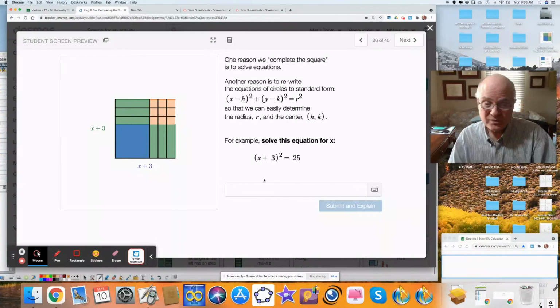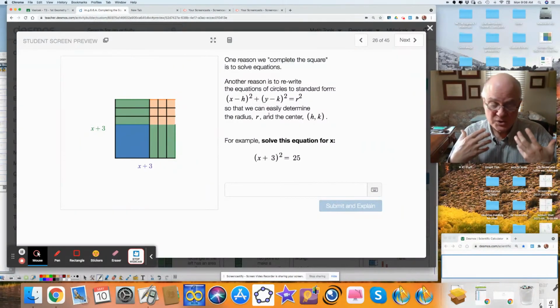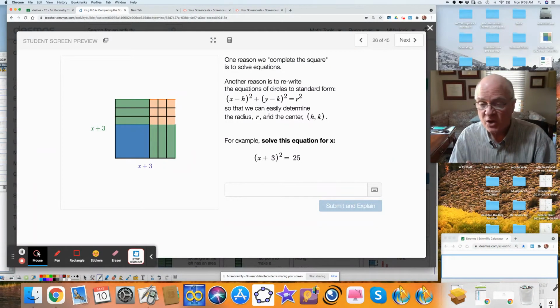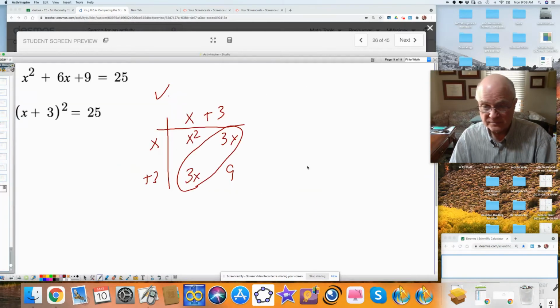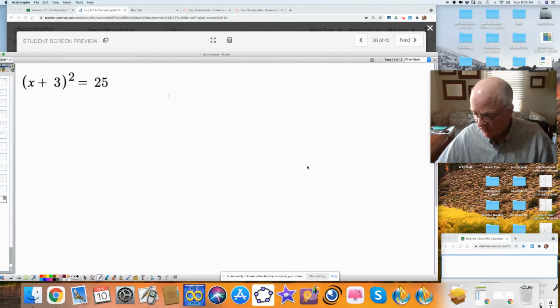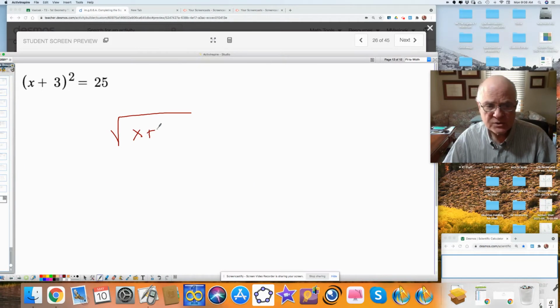So when you solve this one, the reason we do this, completing the square, is to solve an equation. And how would you solve it? Here's how we go about solving it. We take the square root of both sides. When you take the square root of the left side, x plus 3 squared, that's the inverse operation, you end up with x plus 3. When you take the square root of 25, you have to take a plus or a minus.